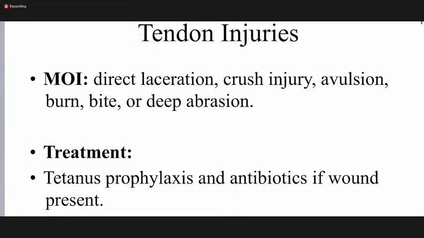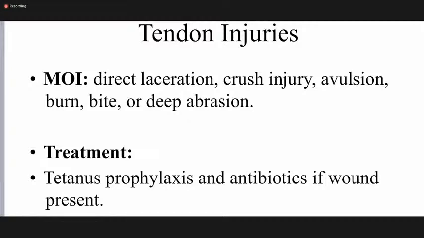Now going to the specific areas, as I said before, when you look at hand, wrist, and forearm injuries, you look at tendon injuries, bites, fractures, and dislocations. With regards to tendon injury, the mechanism of injury may be direct laceration. For example, it could be a crush injury from a machine, avulsion, burns, bite, or even deep abrasion.